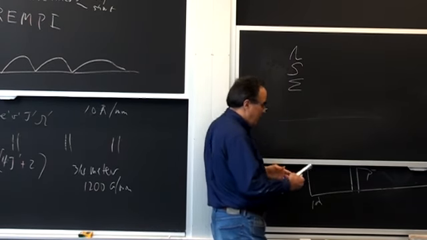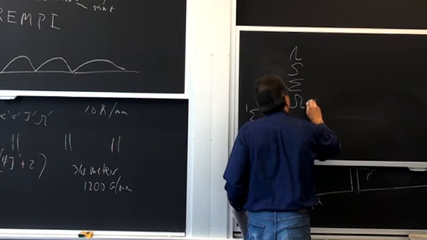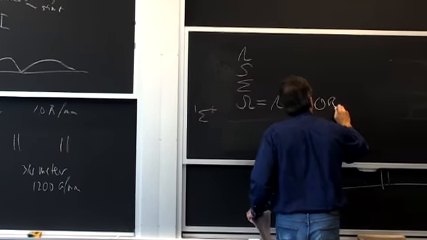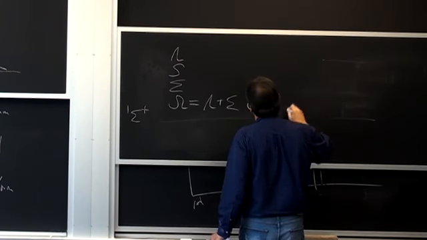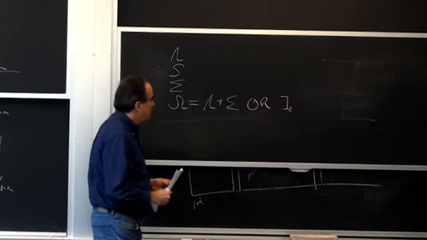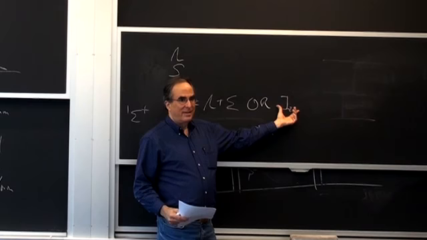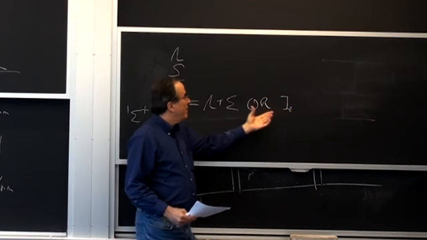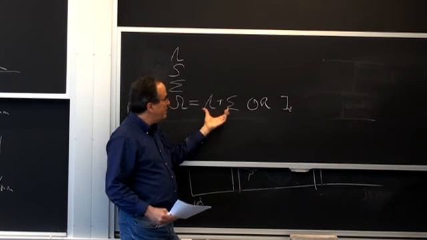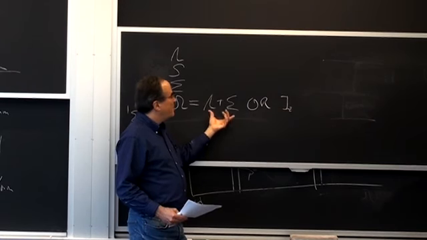So we have these quantum numbers, and omega is lambda plus sigma, or let's call it J. Now, you might think this is a trivial thing. And in some ways it's trivial, but in some ways it's special.